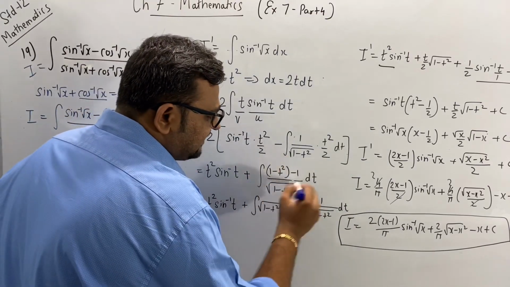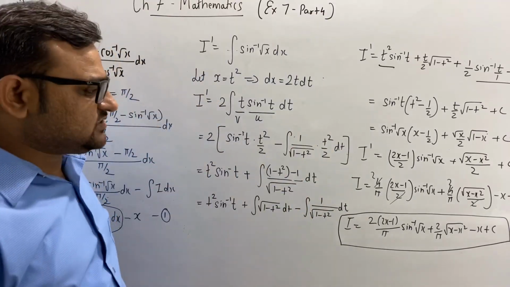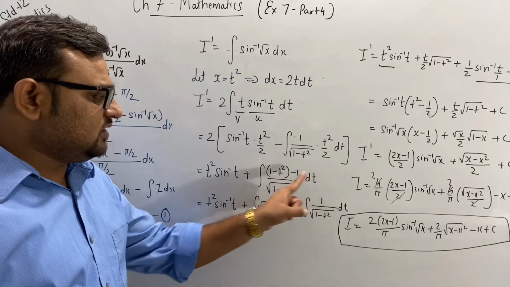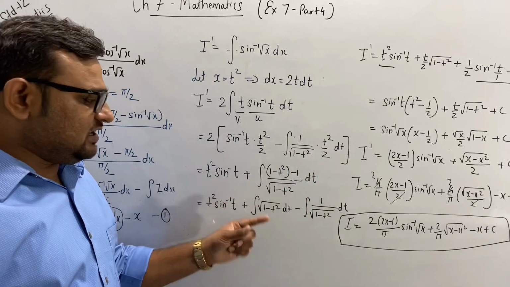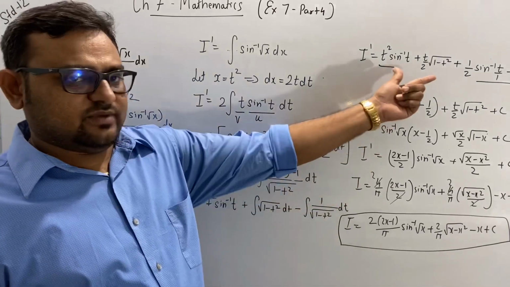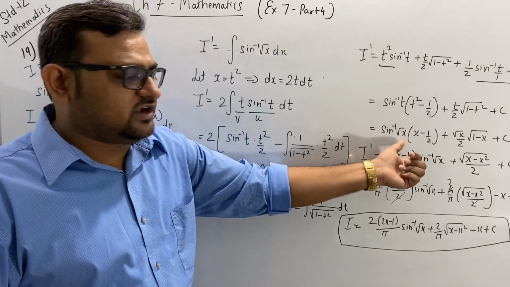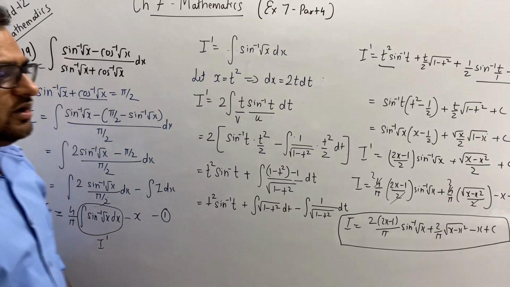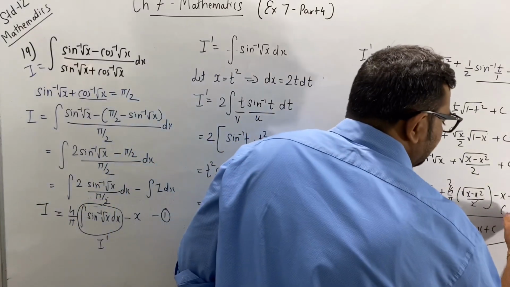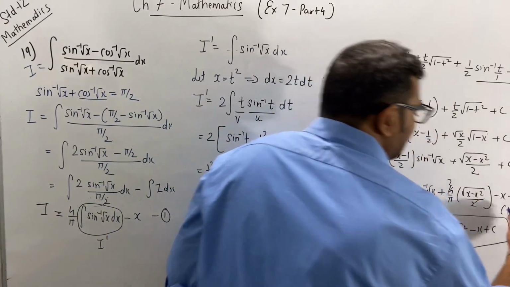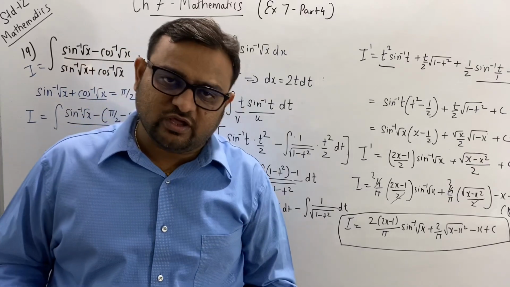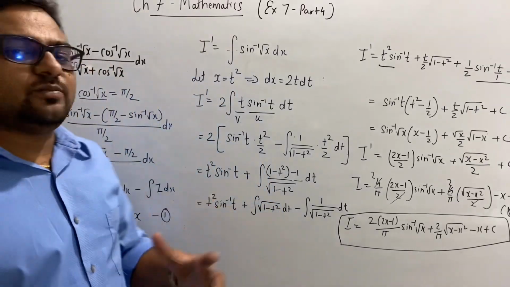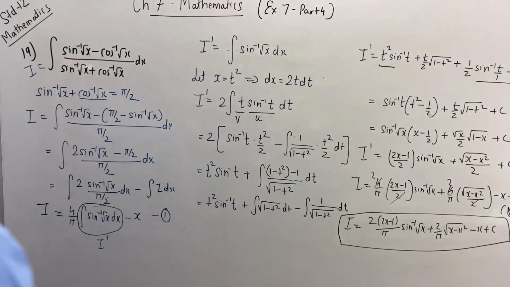Third, we had rearranged here t square, 1 minus t square minus 1, and here we have changed the sign. Clear? Then we had integrated it. Finally, we replace the value of t and then put this in equation number 1. I can write down here from 1. Okay, so just go through question number 19.